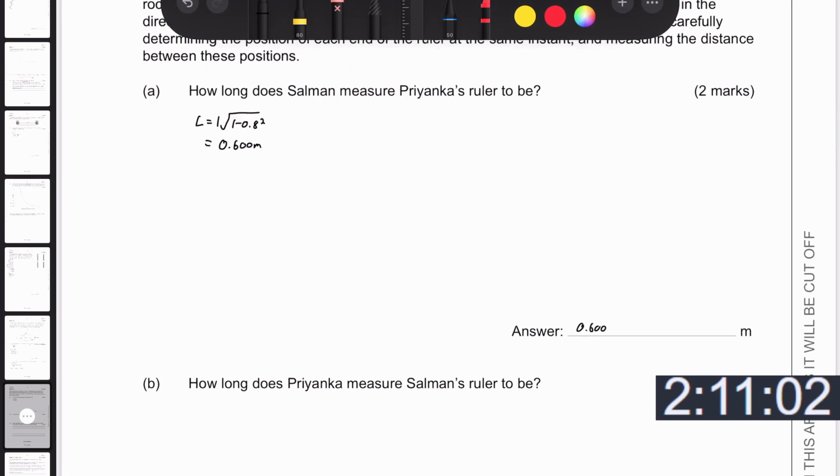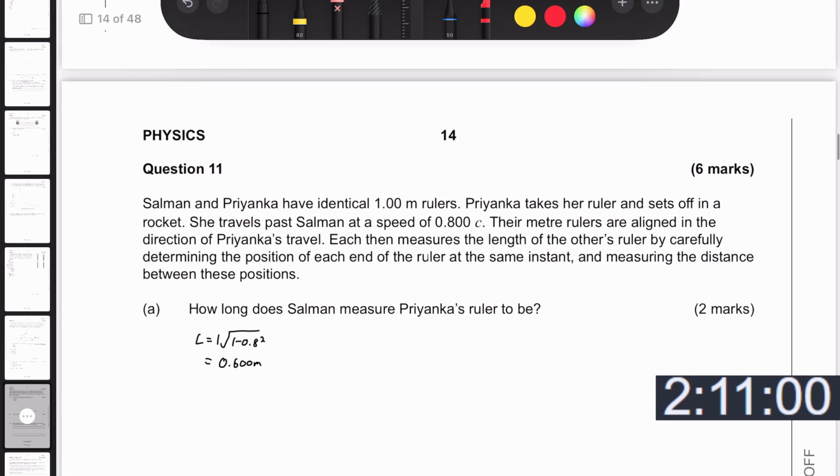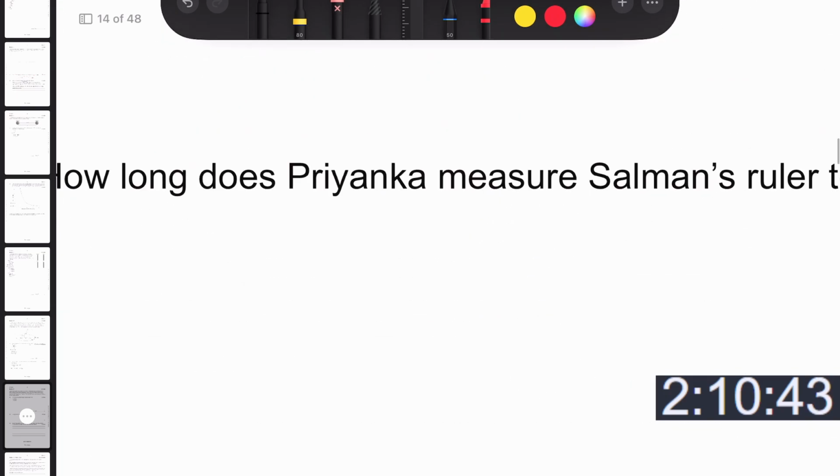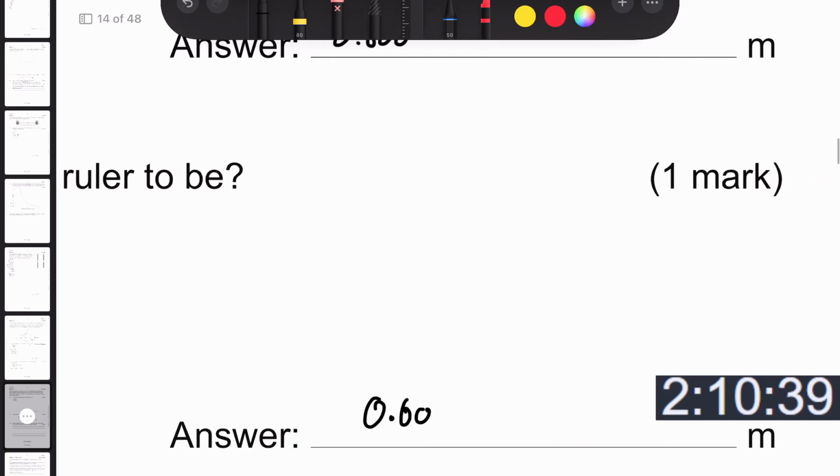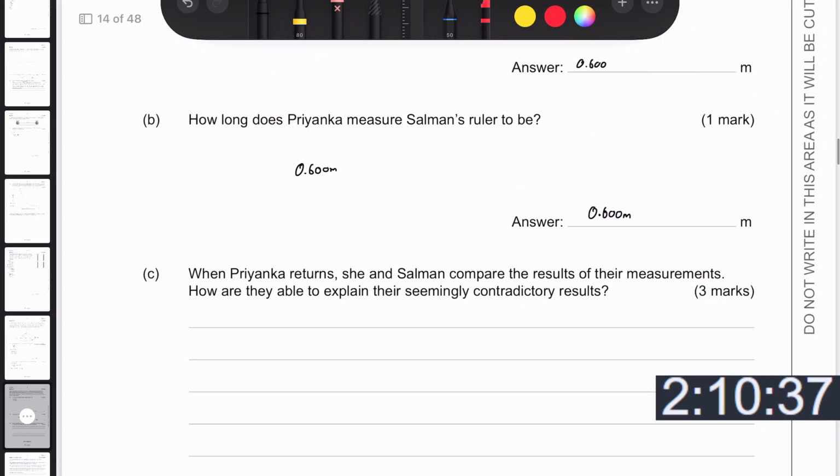How long does Priyanka measure Salmon's ruler to be? So since Priyanka sees that Salmon is the one that's going to be traveling at 0.8 c, same instant. Okay, so there's also going to be the same. So 0.600 meters.